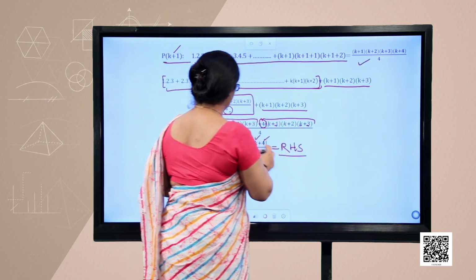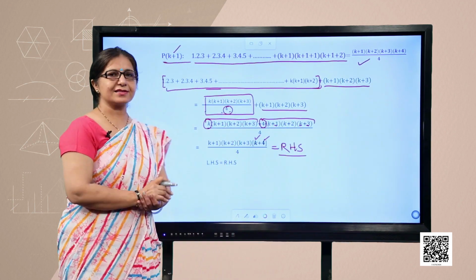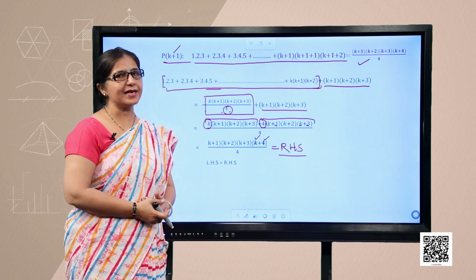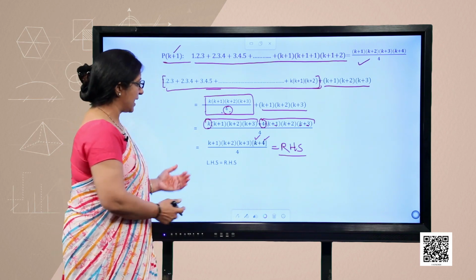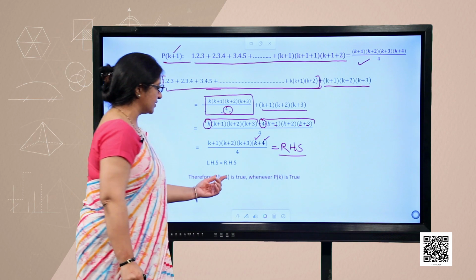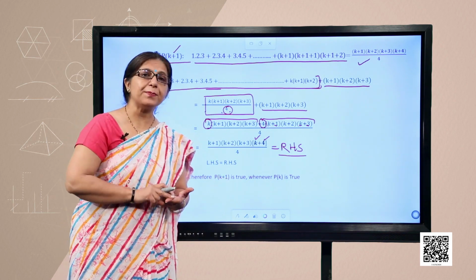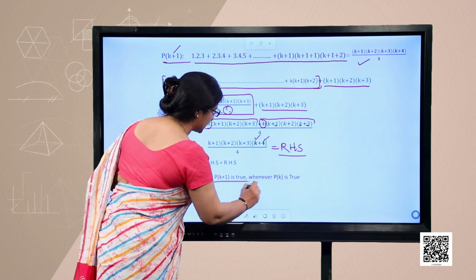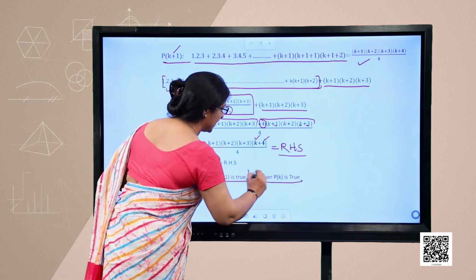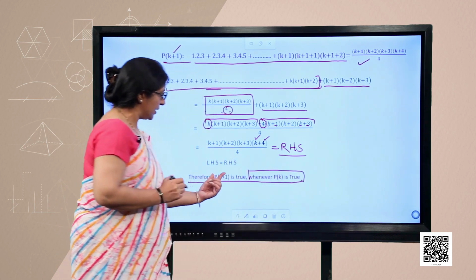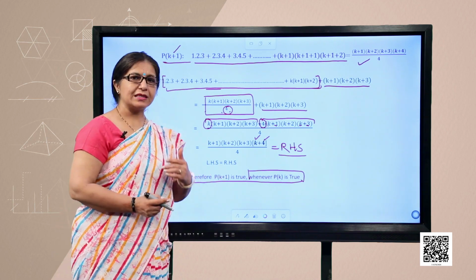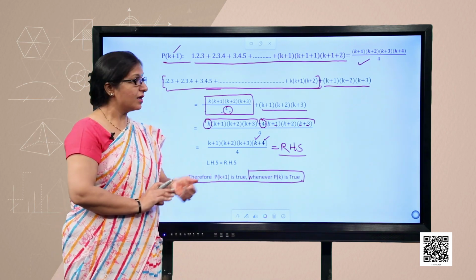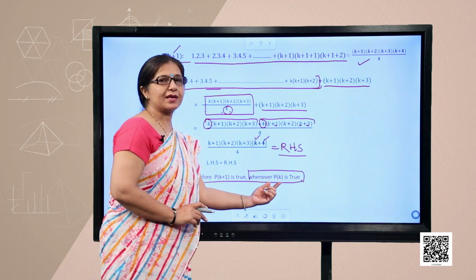This was the expression we needed. So, the left hand side is equal to the right hand side, and thus we can say that the statement Pk plus 1 is true whenever Pk is true. Whenever we write this statement, you must have noticed we write whenever Pk is true. We are proving the truth of Pk plus 1 when we assume that Pk is true.